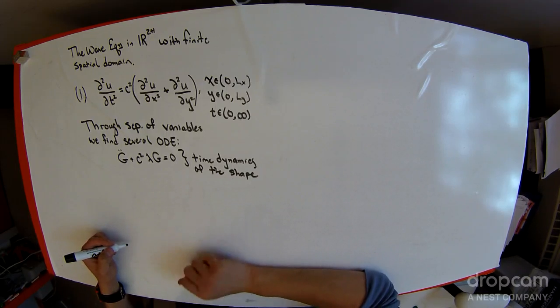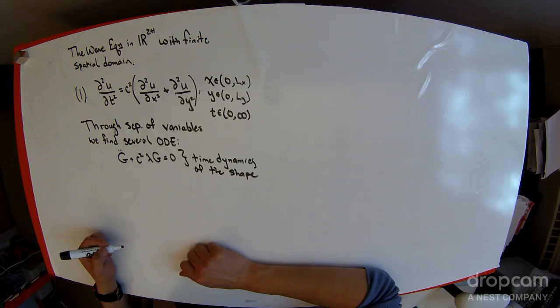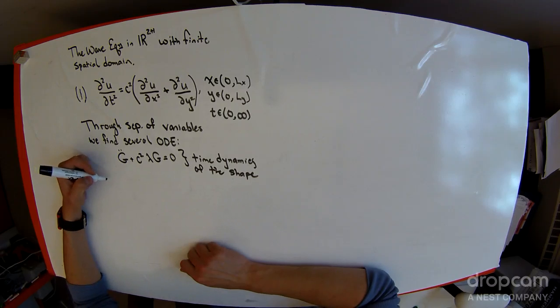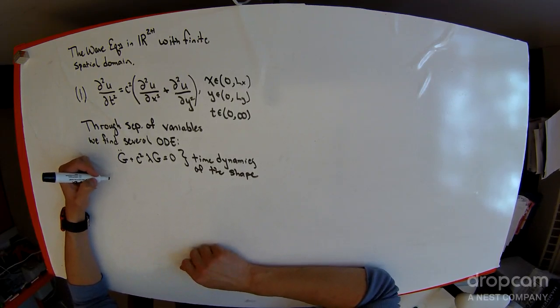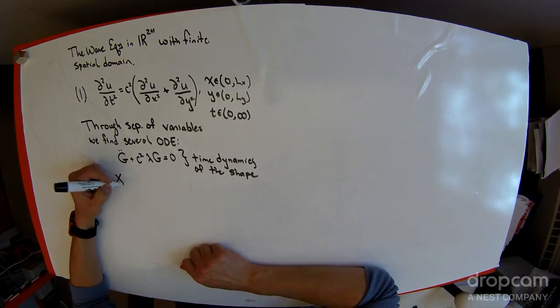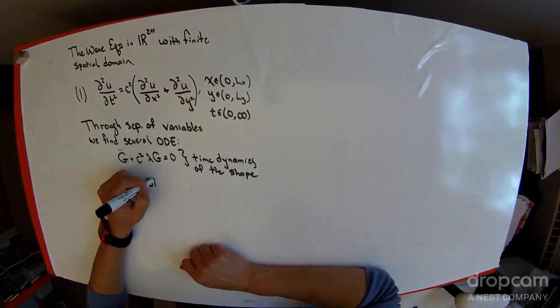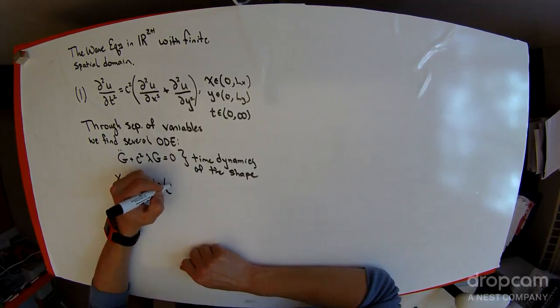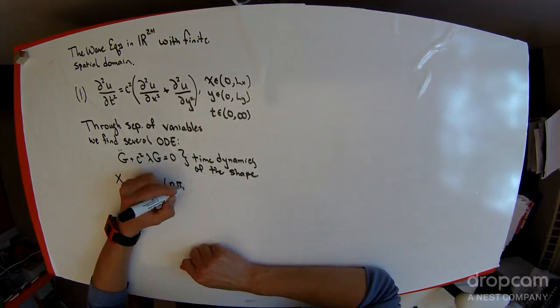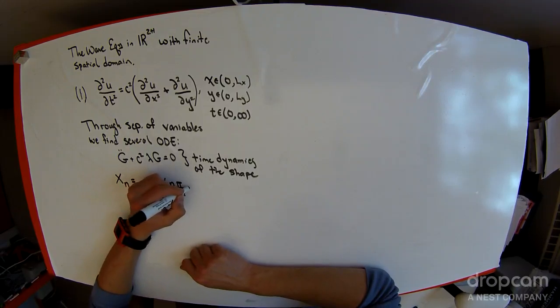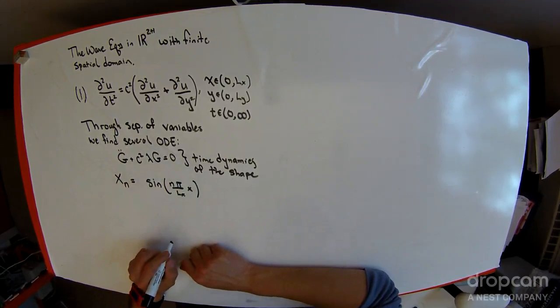Then, if we keep exploring through separation of variables, and this would be done in an ordinary course in partial differential equations, we find two primary functions that deal with the shape. There's an x function, which looks like the sine of n pi over L sub x times x.